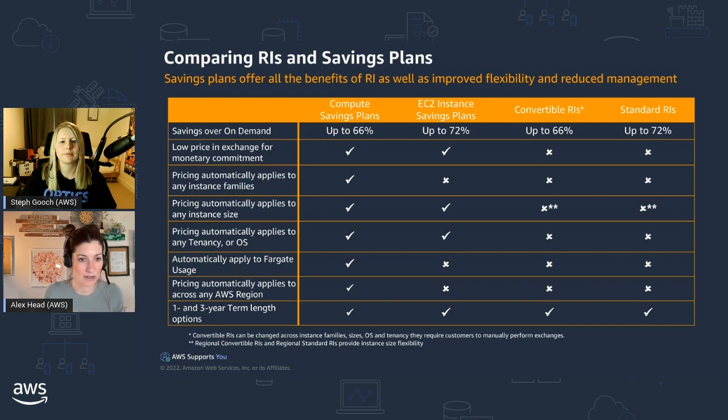This is straight from the AWS website. Anyone can see this. But this kind of goes through some of the differences and why you would choose one over the other. But the biggest thing is, everyone is different. Savings plans are a great place to start. There's less user error, and it's just a little bit simpler in how we go about it.